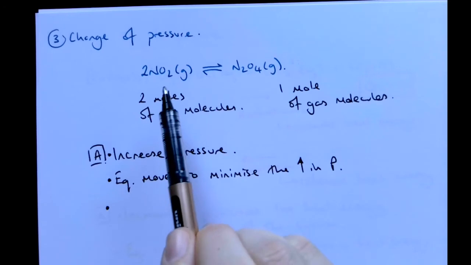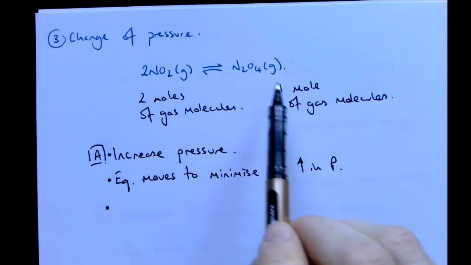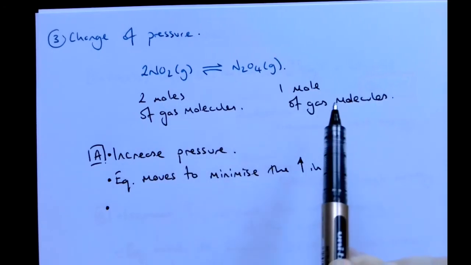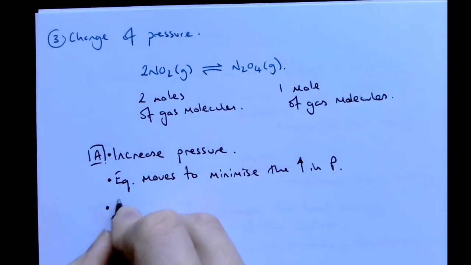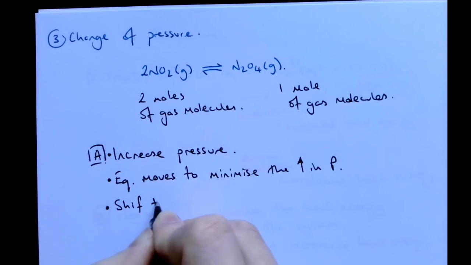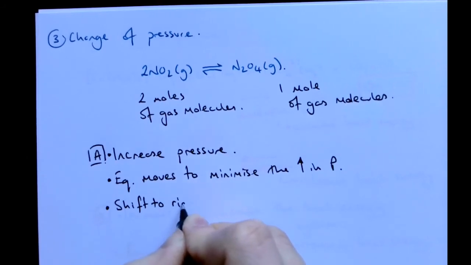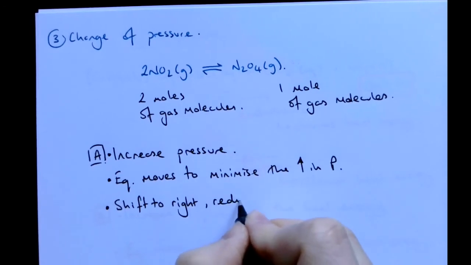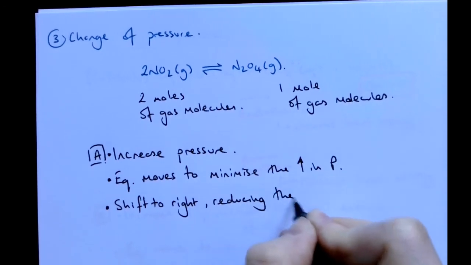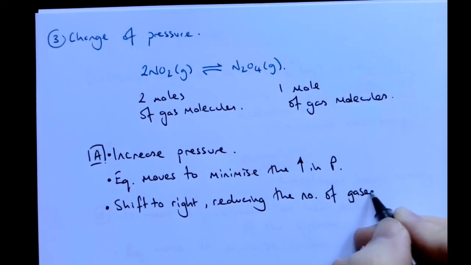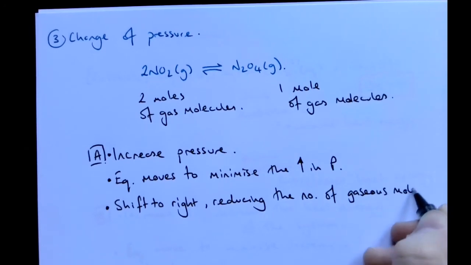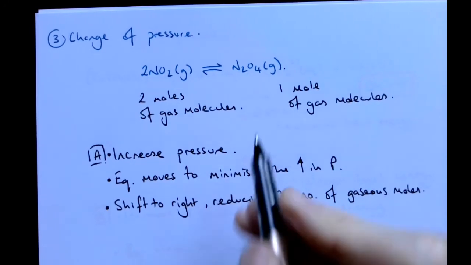Well, it's going to want to try and lower the pressure, and we just said the pressure over here is lower, so it's going to shift to the right, reducing the number of gaseous moles. And by doing that, it's going to produce more of this product.